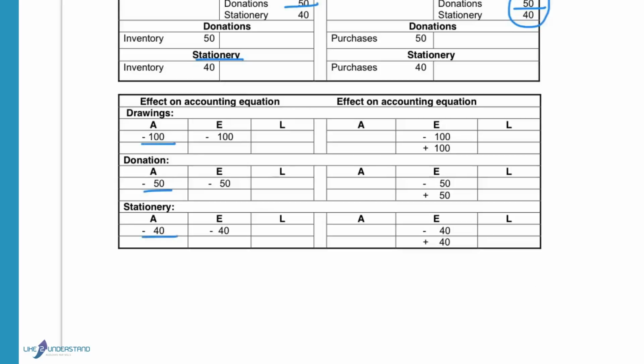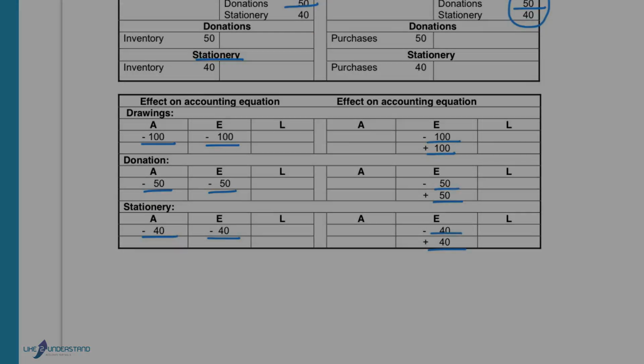In the periodic system, the purchases is expense. So if we decrease expenses, we increase our profits, so equity will increase. For the drawings or the stationery or advertising, you will debit the account, so it means it's an expense that will decrease equity, and you will do the same in the periodic inventory system.